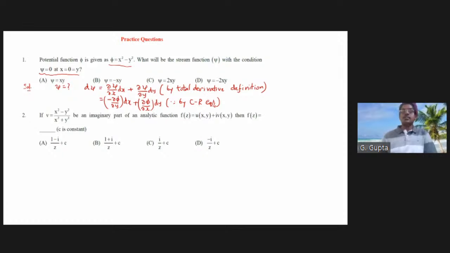So from this, d psi is equal to the partial derivative of phi with respect to y, of x square minus y square, which is minus 2y, into minus, so plus 2y dx, plus the partial derivative of phi with respect to x, which is 2x, dy. It looks like 2 times y dx plus x dy.